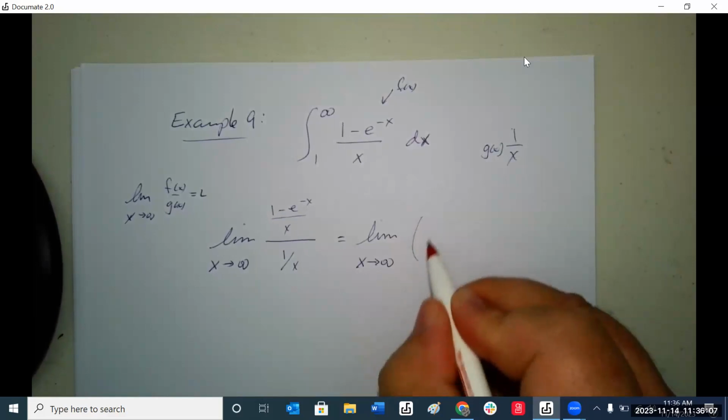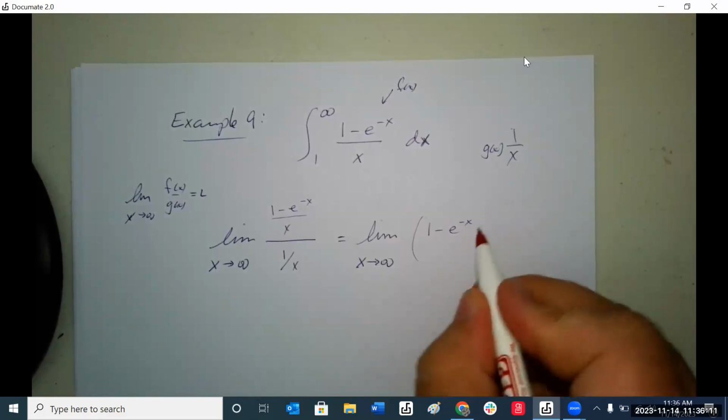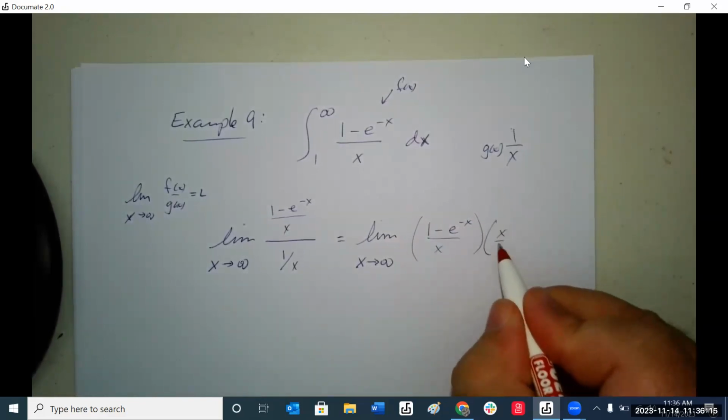So take the top one, leave it alone, and flip the bottom.